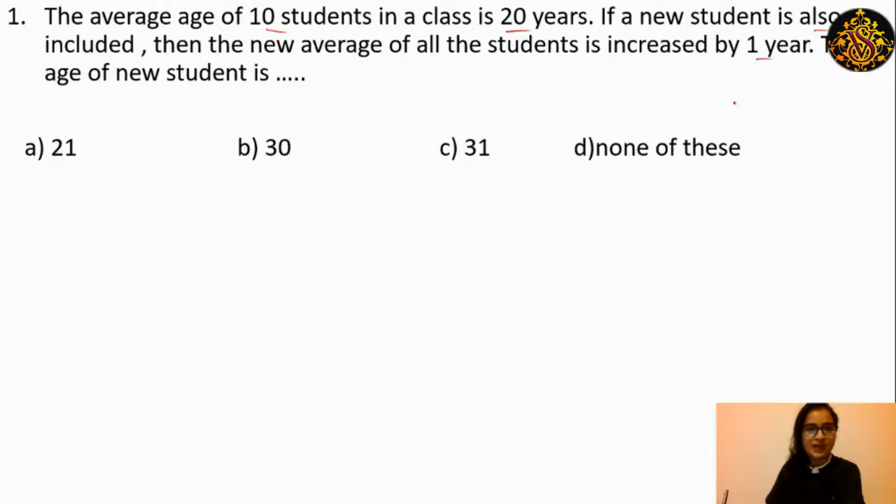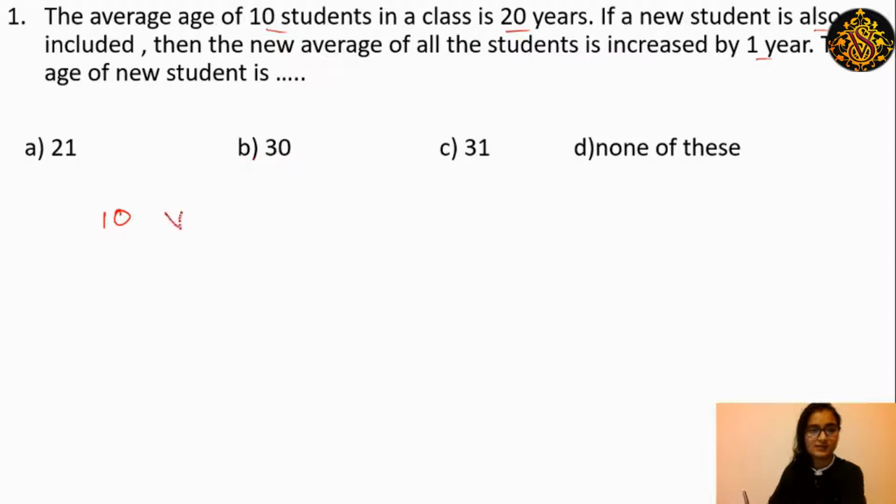First of all, I will solve it by the normal method which we usually use, and then I will come to my trick. The question is: the average of 10 students in a class is 20 years.